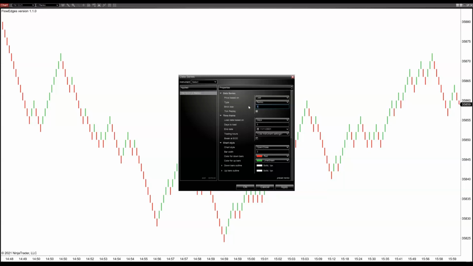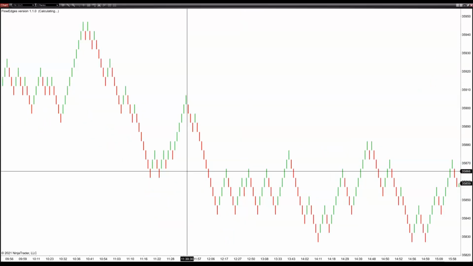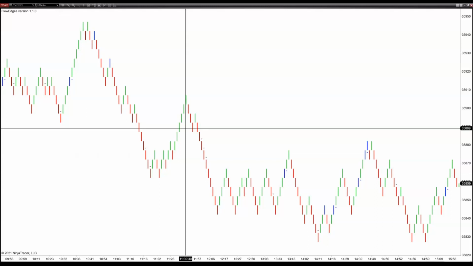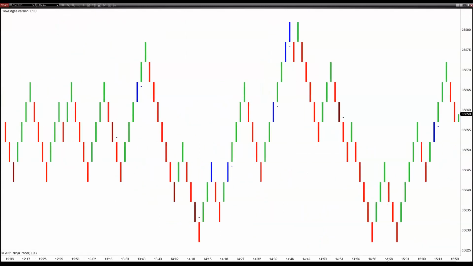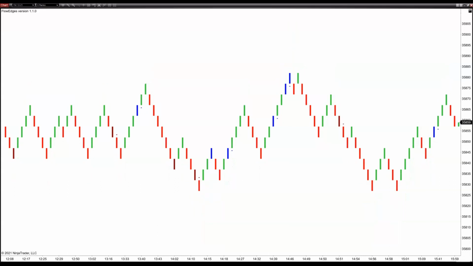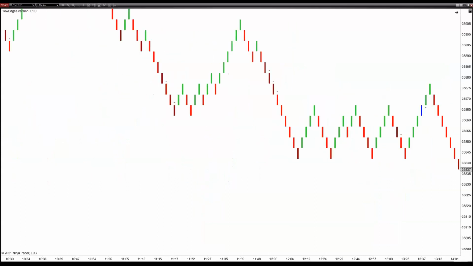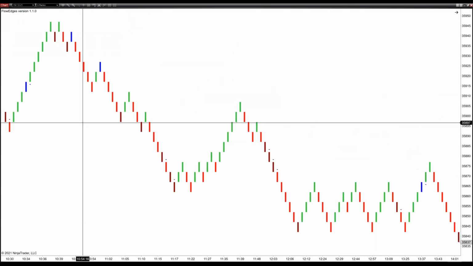So let's see if I make it higher. If you're using something like a 2 range chart, I know people that use 2 range charts, it's not going to work. So let's just open it up here a bit. Let's go back here.